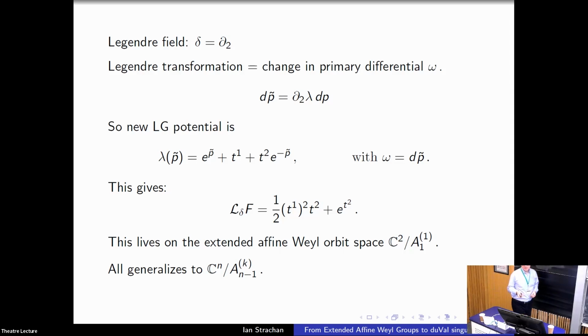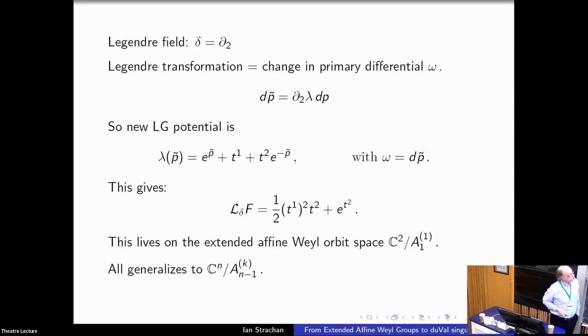So here is how you change the primitive form. You do it by this formula here. You find that dp tilde is 1 over p minus t2, so that integrates up to a log. You invert, and you get exponentials appearing.